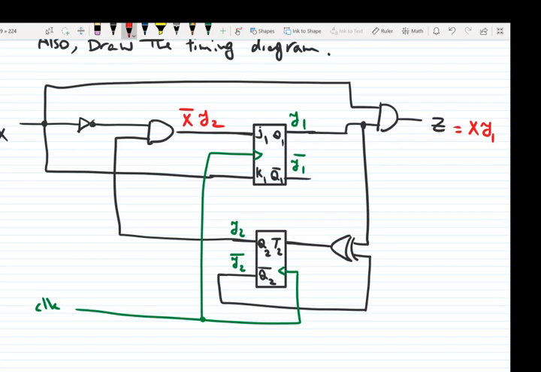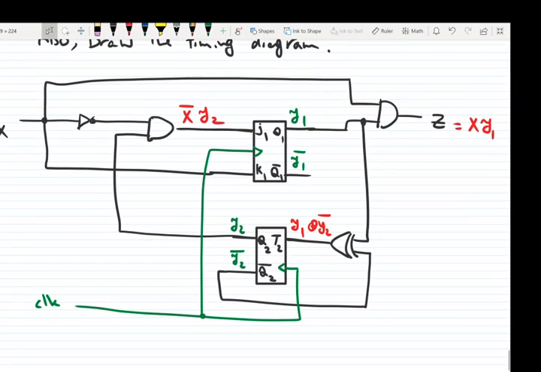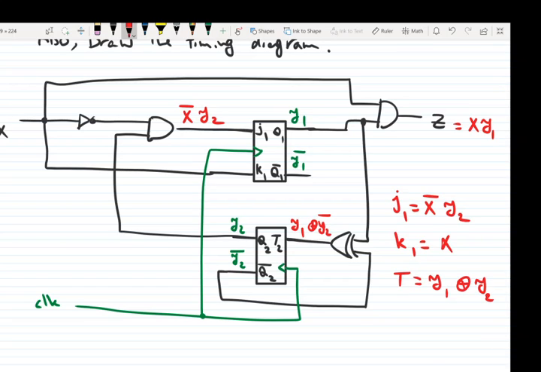The output of the XOR gate is Y1 XOR Y2 bar. So we can say J1 is X bar Y2, K1 is X, and T2 is Y1 XOR Y2 bar.